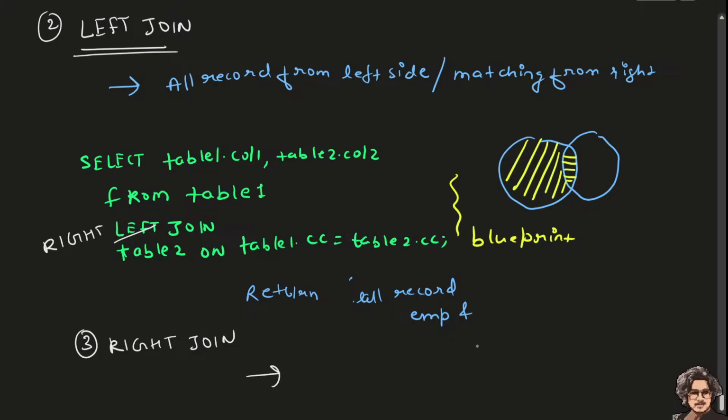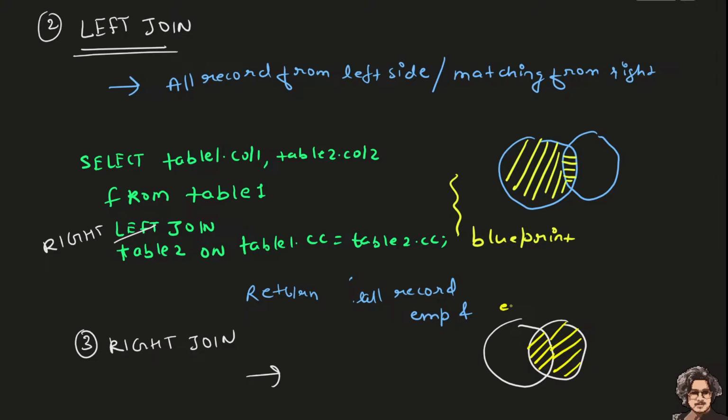In that case we return the matching part from the left table, and the whole right table is displayed. This query returns all the department names, and if no employee is assigned to a department, the employee name will be displayed as null.